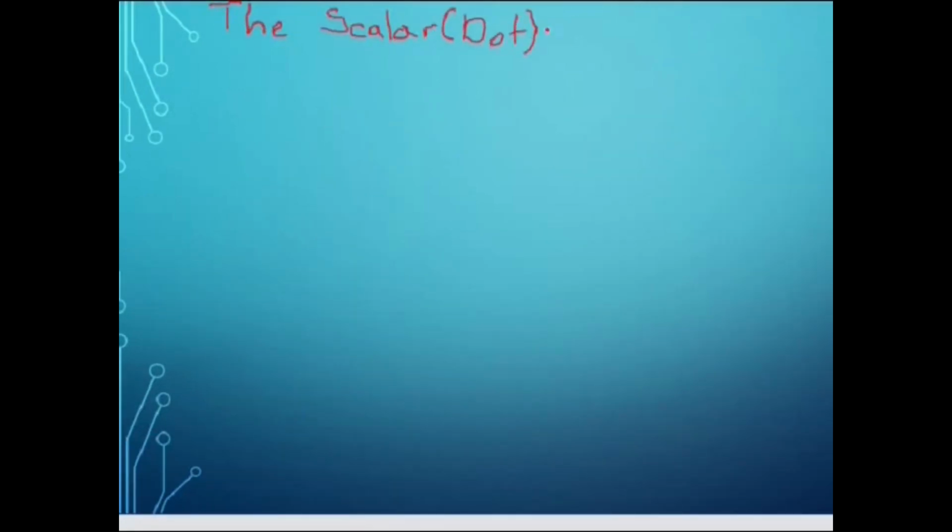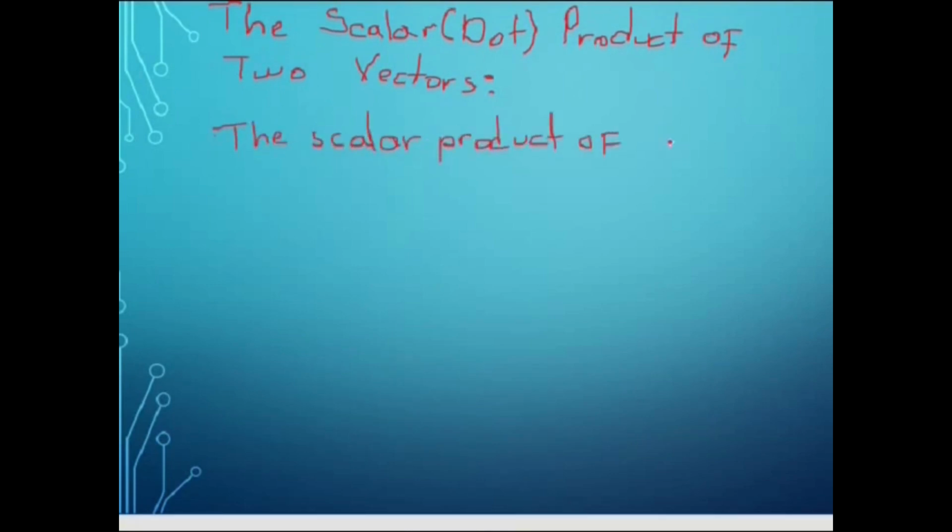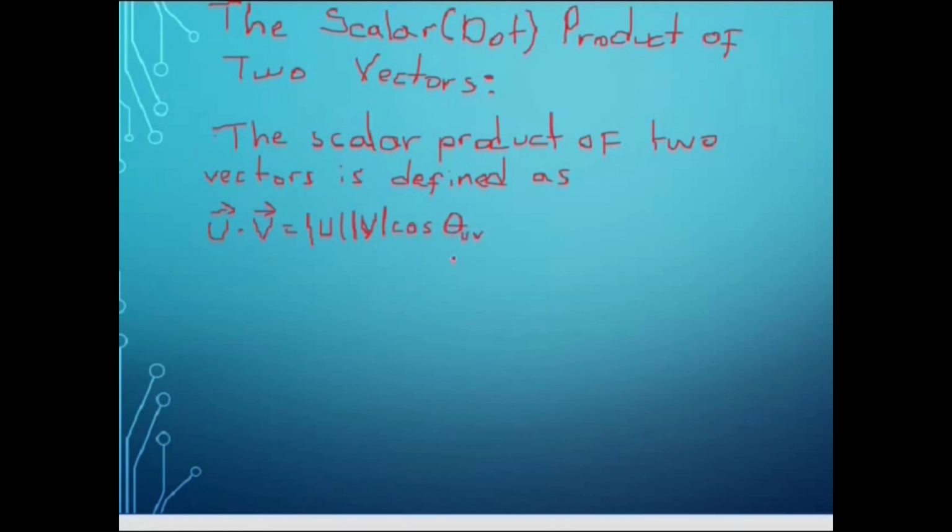The scalar dot product of two vectors. The scalar product of two vectors is defined as u dot v equals the magnitude of the vector u times the magnitude of the vector v times cos theta uv.